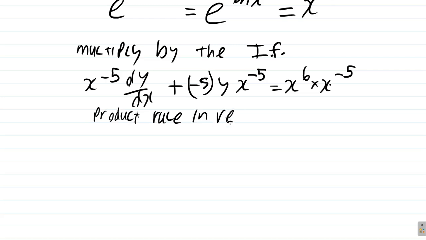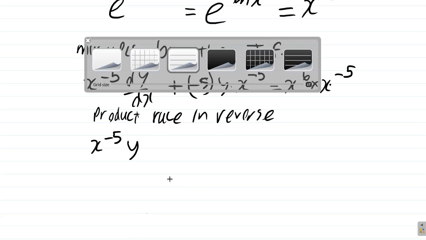What could we have differentiated to get this? What product of two functions? Let's see. Here we hold x to the negative 5 as it is and differentiate y. So it seems as if we have x to the negative 5 times y. But let's see what happens out here.